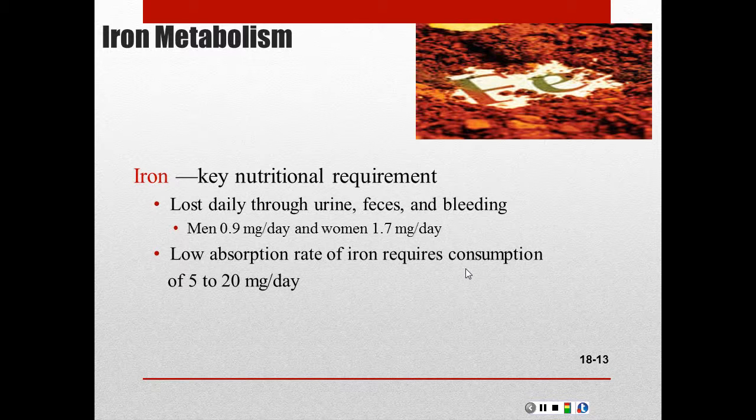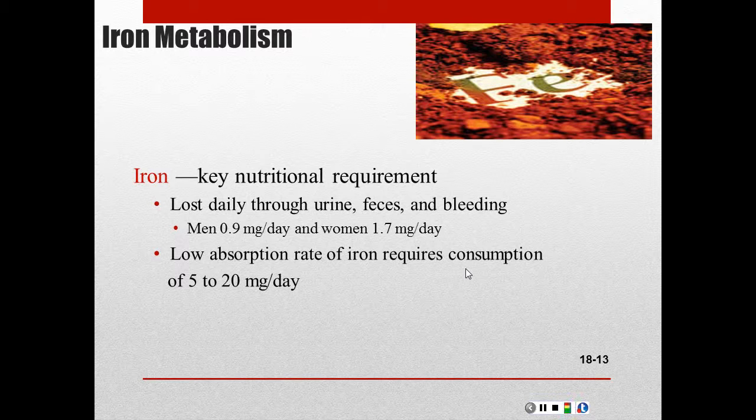Now, a typical adult human body contains about 3,000 to 4,000 milligrams of iron. Only about 1 milligram of iron is lost from the body per day, and that's through blood loss or sloughed mucosal epithelial cells, and most can be replaced through diet.